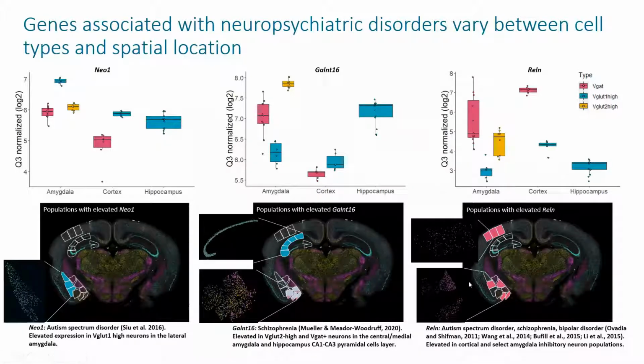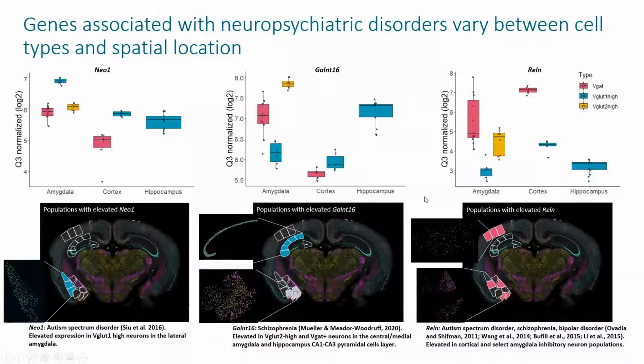So overall, what these images are showing is that specific regions of interest and cell populations show elevated expression of these three key targets that we're highlighting here. And any future experiments we do on profiling these cell populations will be critical to understand cell-specific information based on their spatial location within the brain.